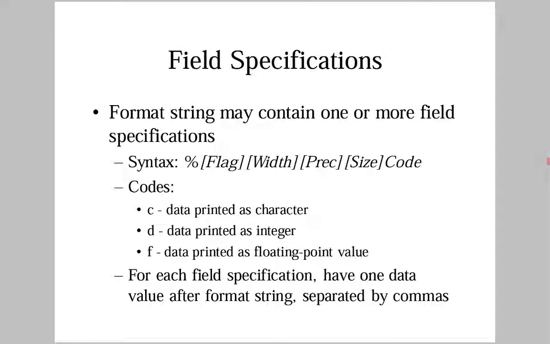So what are field specifications? There are different data types available, like integers, characters, float, double, and strings. Every data type has a specific character specifier. For example, integers are used with %d and characters are used with %c.